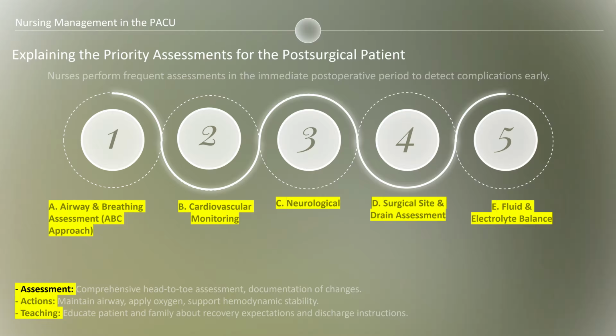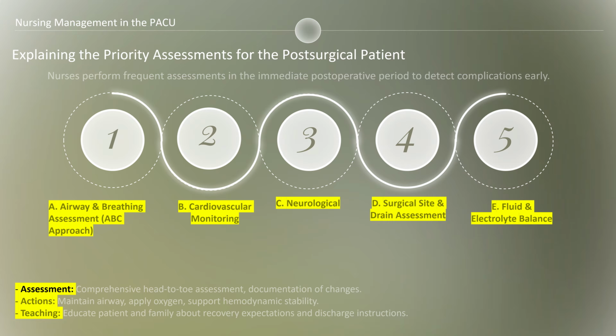Let's think about an example: a patient taking longer than expected to wake up, so you might need a neurological evaluation and a glucose check. D, surgical site and drain assessment. If a patient has those, what do you do? You inspect the incision for signs of infection, like redness, swelling, pus.